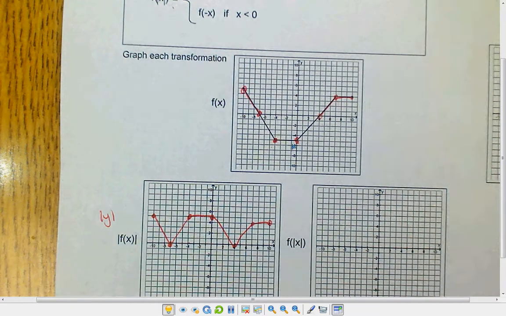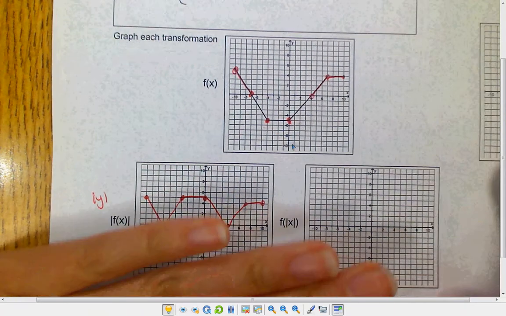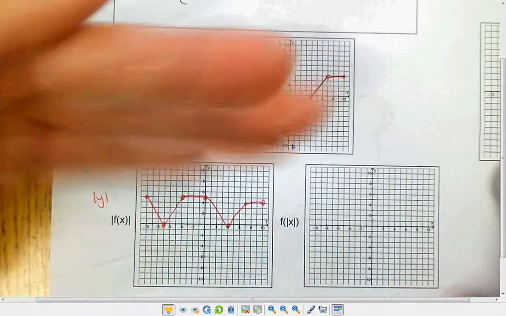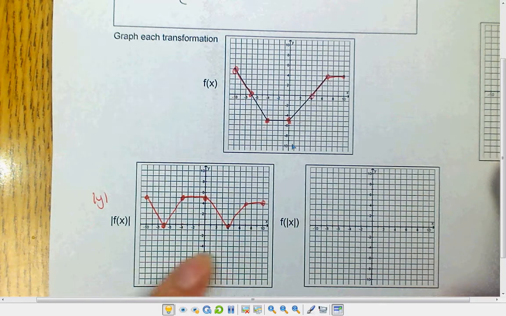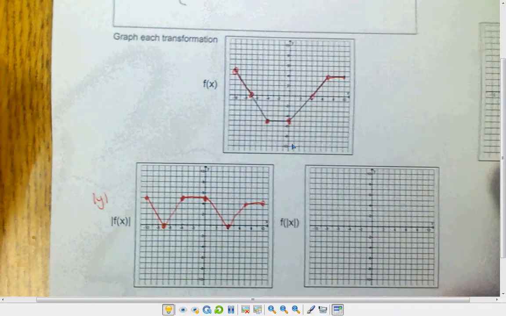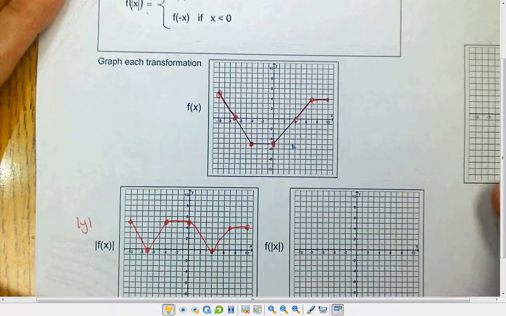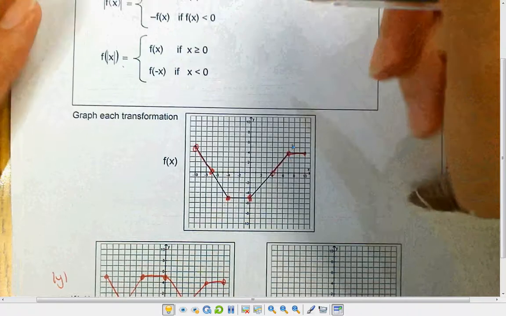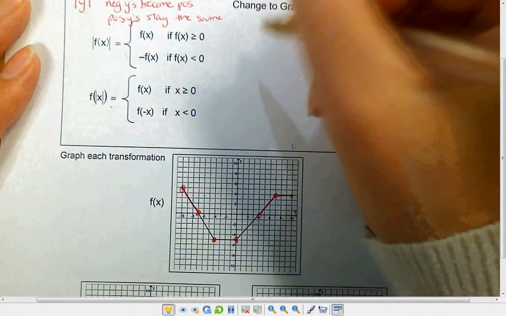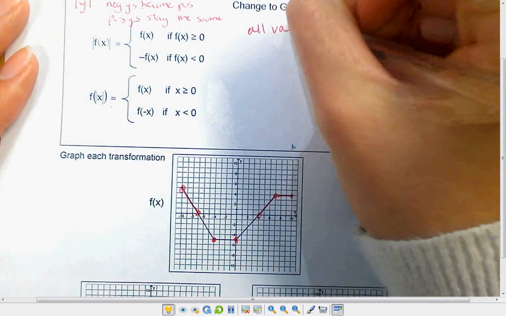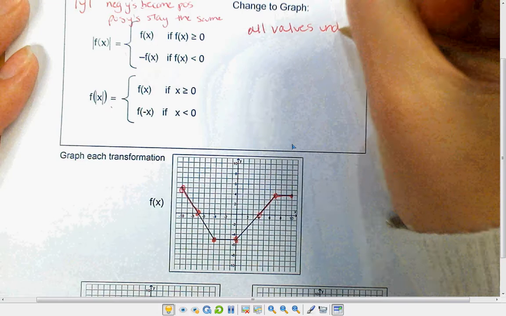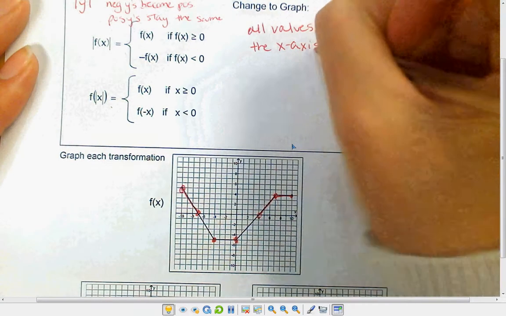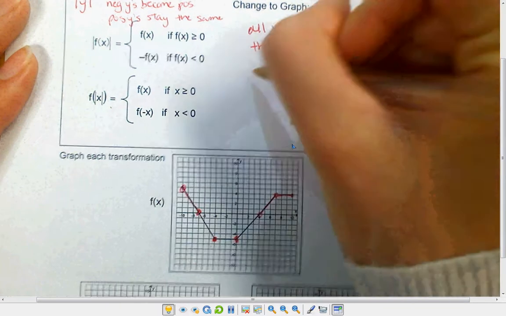Notice what's happened here is that all of the values underneath your x-axis have become reflected above the x-axis, because all your negative y values have become positive. So graphically, on your graph, all your values under the x-axis are reflected up.